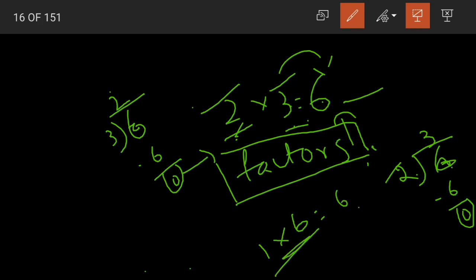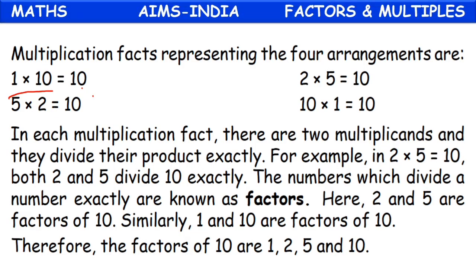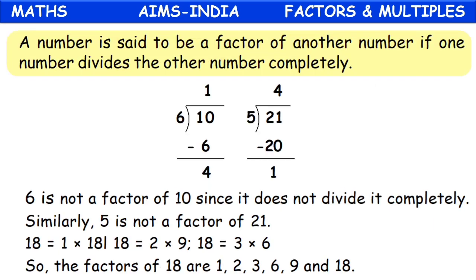So 1 and 6 are also the factors of the number 6. Okay children, the concept of factors, again let me repeat. The numbers which divide a number exactly are known as factors. So when I say 2 divides 10 exactly, then 2 becomes the factor of 10.